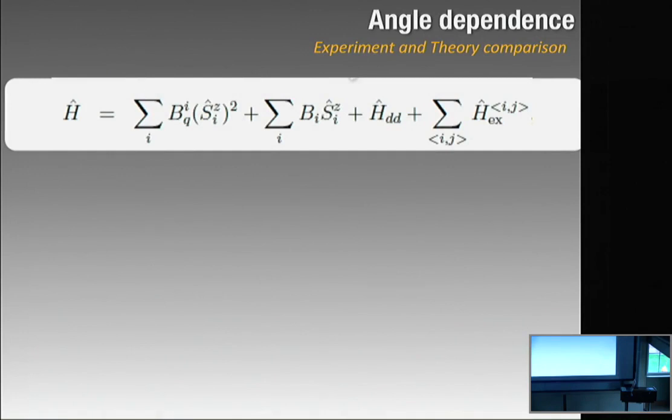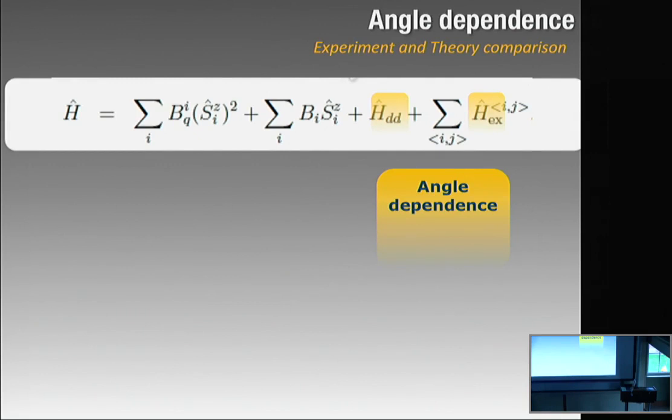Now we have this Hamiltonian, and the other dependence that we want to study is the angle dependence. In our case it's easy. We have a dipole in a lattice, and we can orient it very easily with the magnetic field and change the angle as we want. So we probe the angle dependence here.